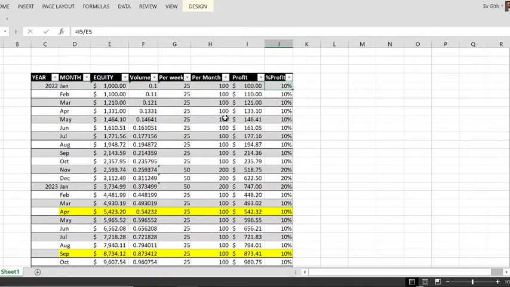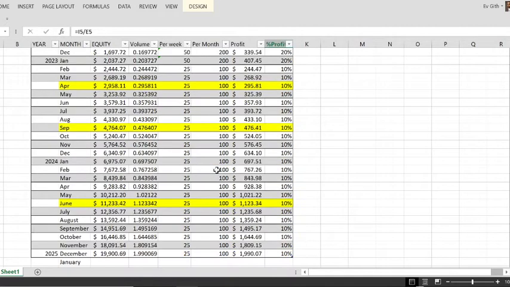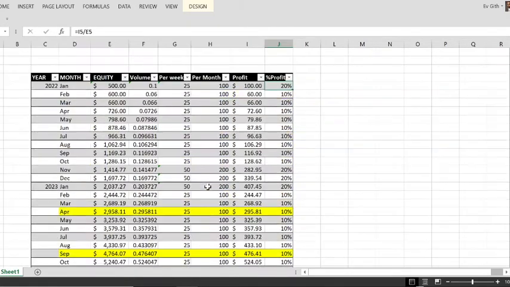10%, only 10%. If I can optimize with an equity of 500, I'll be getting 20% of this, and still I will increase.